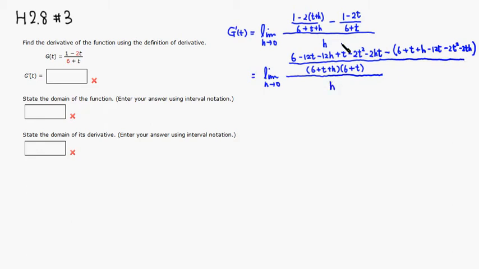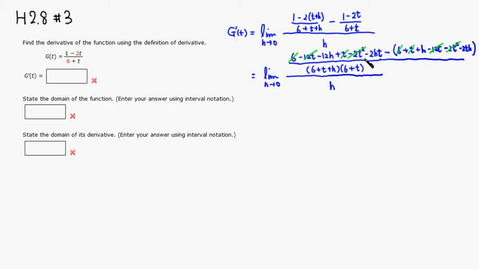Looks pretty ugly, but here we have 6 minus 6. Negative 12t minus negative 12t. Then here's t minus t. Then there's negative 2t squared, negative 2t squared.